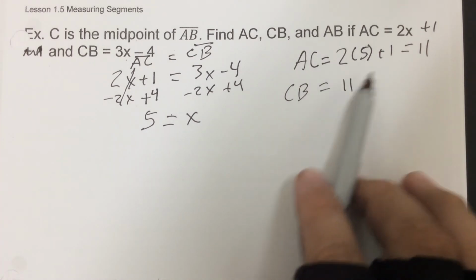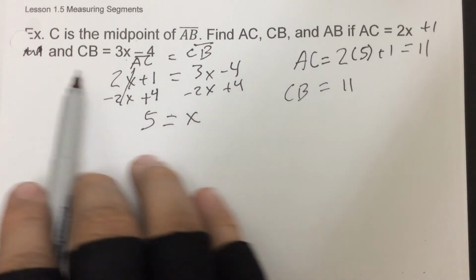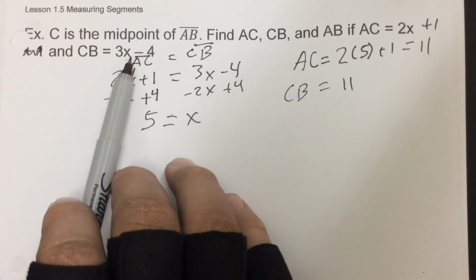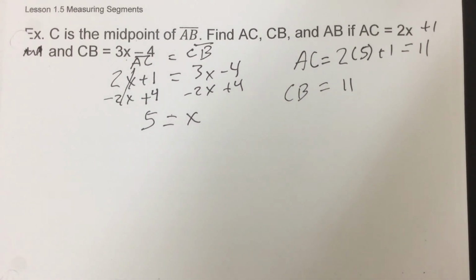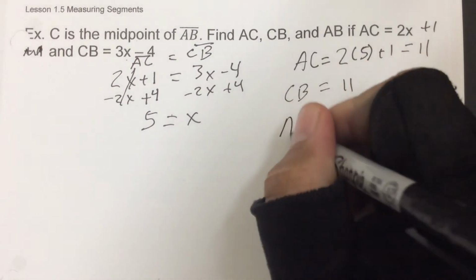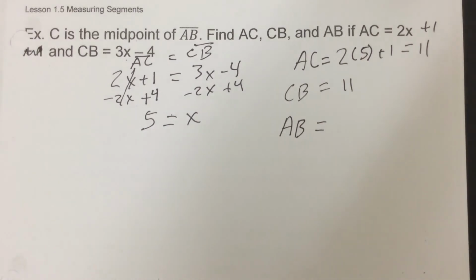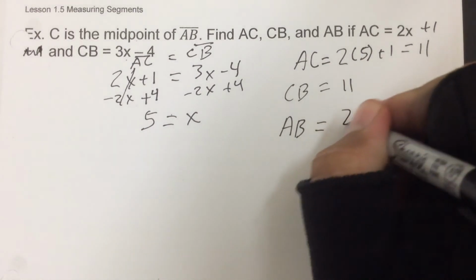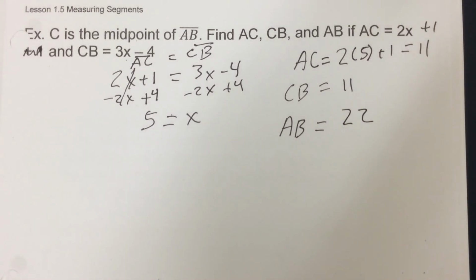You're not going to have to find that twice. Even if we did put it in, 3 times 5 is 15, and 15 minus 4 is still 11. So we found 2 of them, and then we need the whole thing, AB. Well, if we know each half is 11, the total would be 22. Any questions here? All right, that is the lesson.